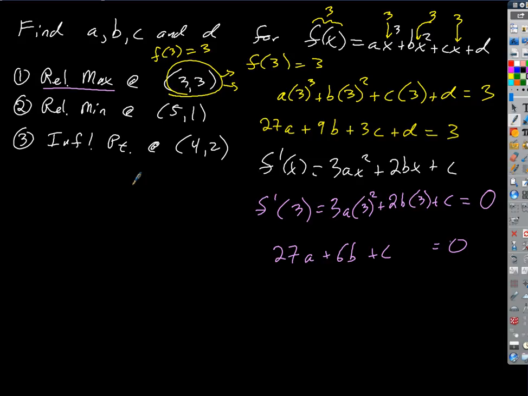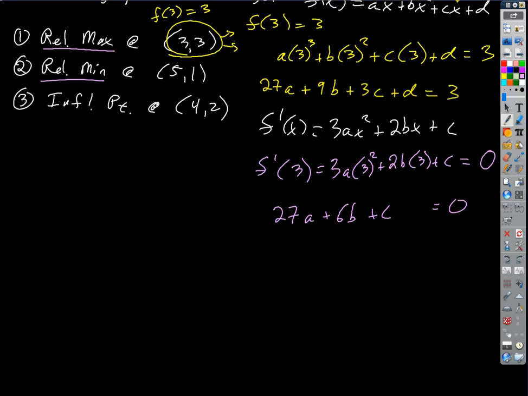So what is this one right here telling me? If I have a relative min at 5, 1, what's that saying? That's a first derivative issue, right? So what's the value of the first derivative at x equals 5? 0. Okay, so that's giving me another equation, right?